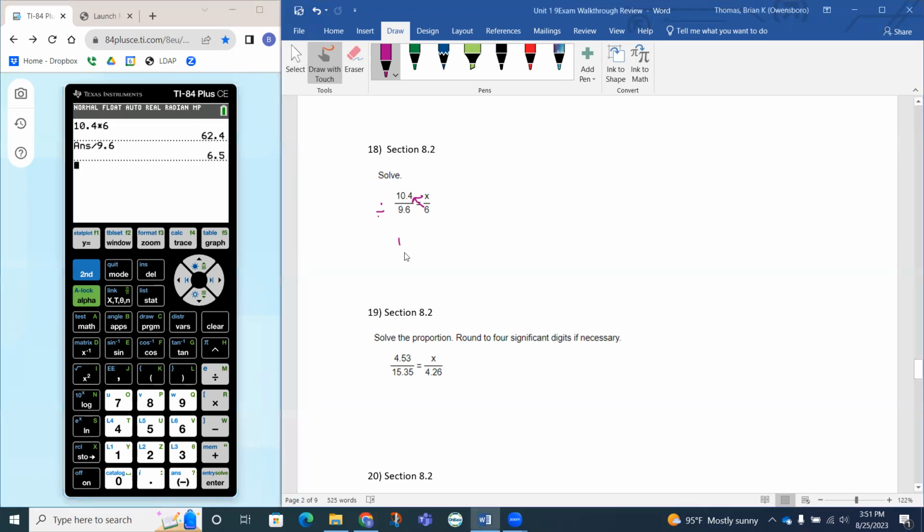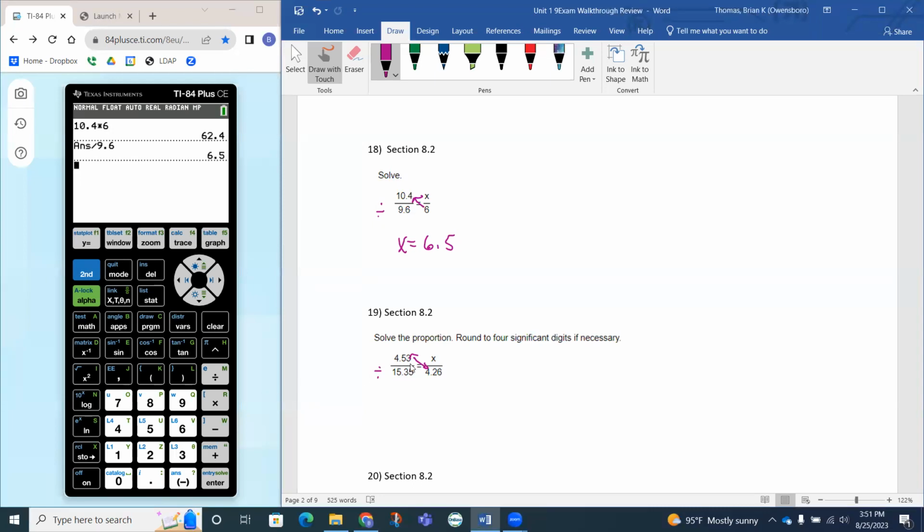So x equals 6.5. If we look at this next example, notice how the 4.53 and the 4.26 are diagonal of each other. We want to multiply those diagonal numbers together, and then divide by the 15.35. Notice how, again, it says round to 4 significant digits if necessary.